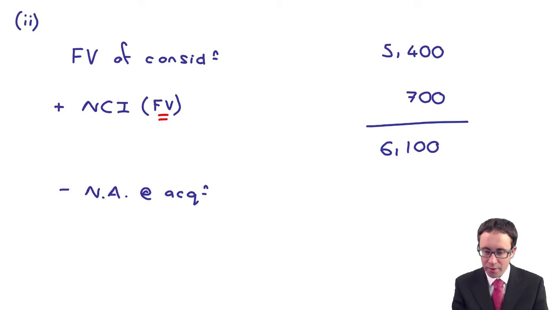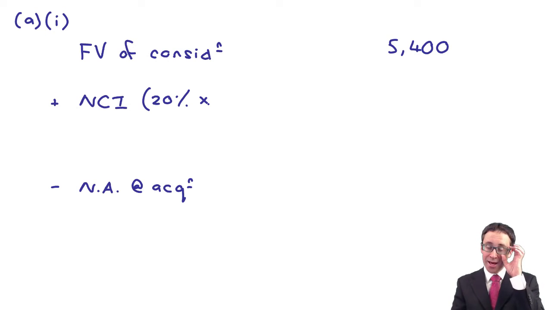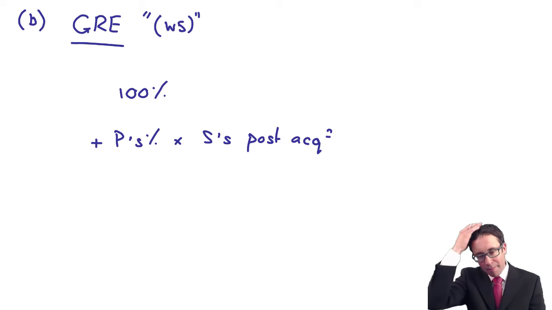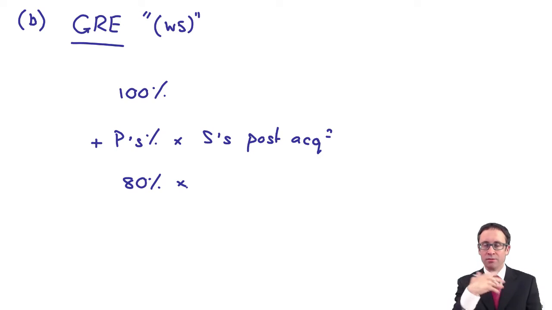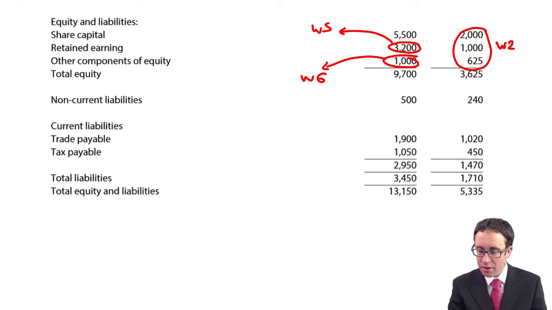Okay. When we're coming to A part 2, the NCI is going to be 20% of S's net assets at the date of acquisition, isn't it? If I'm filling in the blanks, again, we own 80%. So P shares 80% of S's post-acquisition movement in retained earnings. 100% of P's retained earnings are there at 3,200.